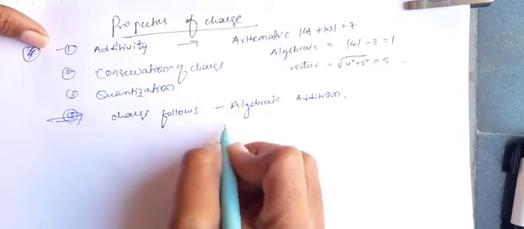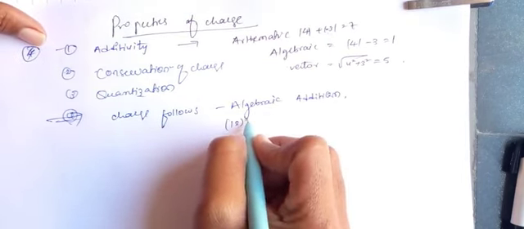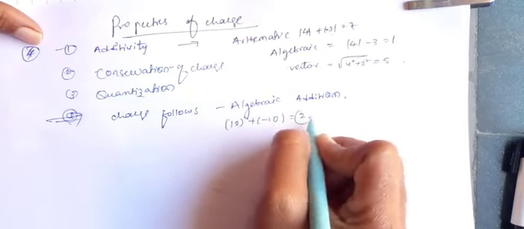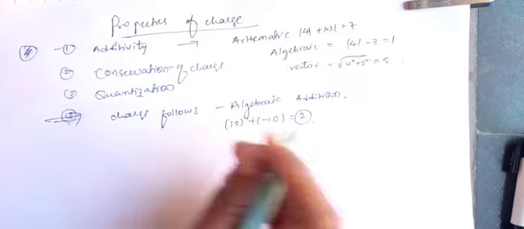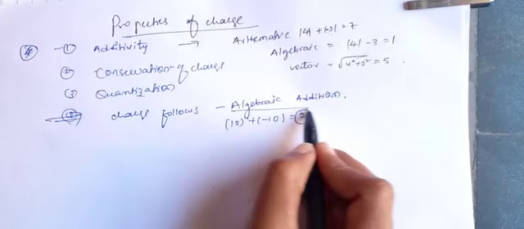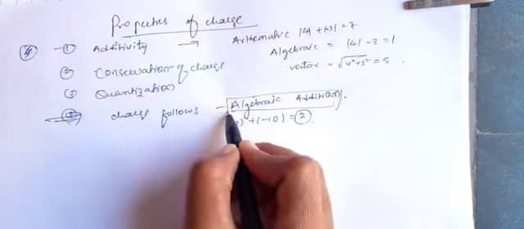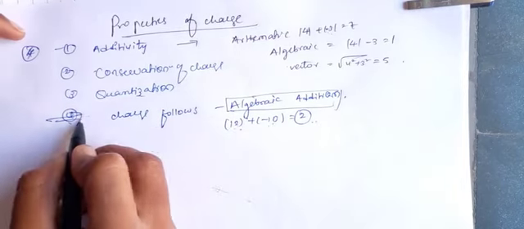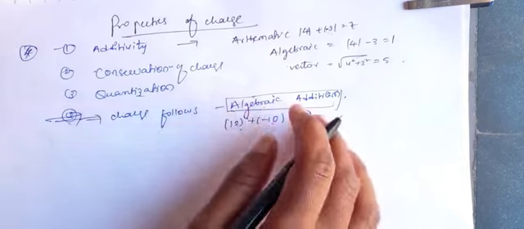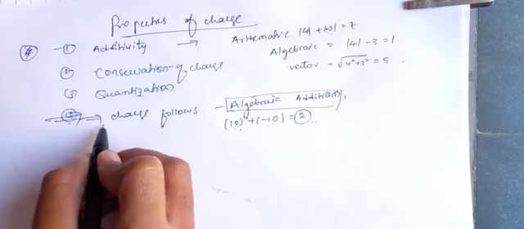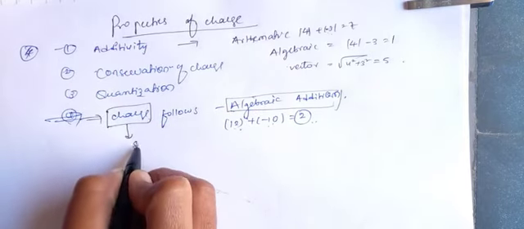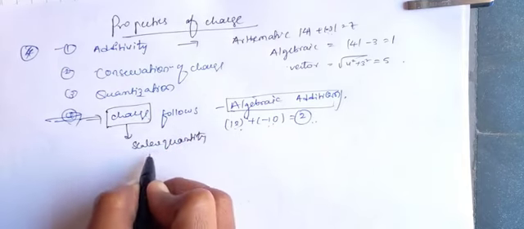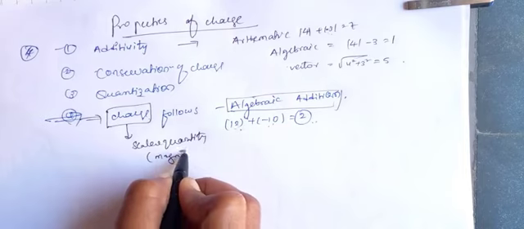Let us consider there is a charge of 12, and then there is minus 10. That means here we get 2. So the charge follows algebraic addition, not arithmetic addition. Arithmetic addition would mean 12 plus 10, which is 22. Charge is a scalar quantity, so it has only magnitude, not direction.